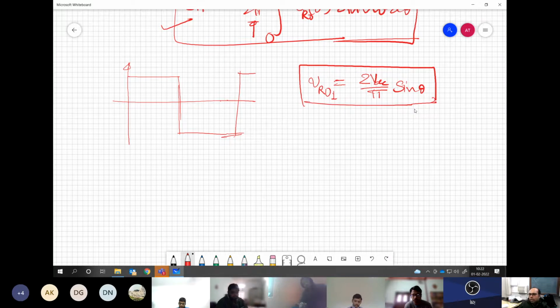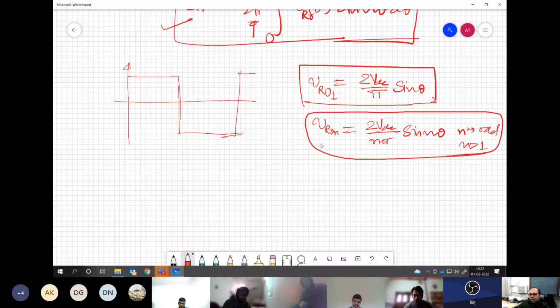This is what your fundamental component is, right? For any other harmonic, when you talk about VRO n, this is coming out to be 2VDC by n pi sine n theta, where n is odd and n is greater than 1. In fact, this is true for n equal to 1 also, but I'm just writing it separately.